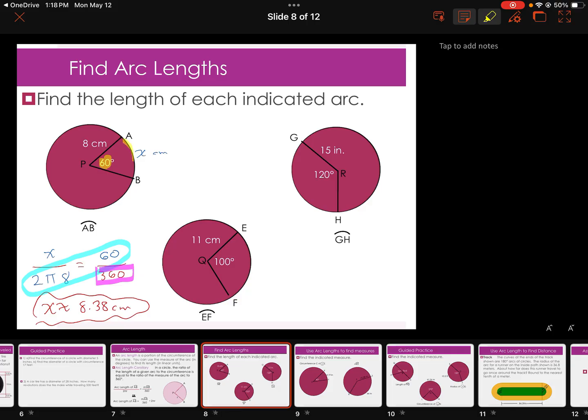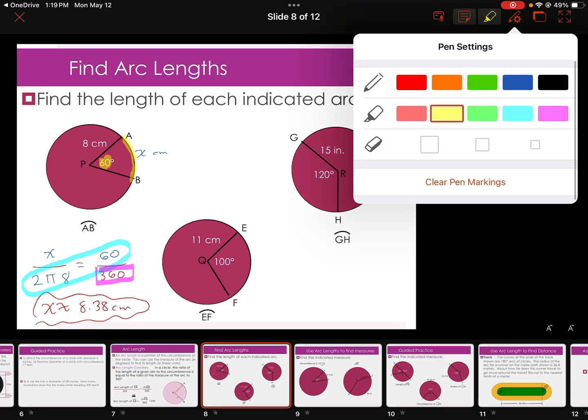What that means is this arc length is a sixth of the circle's circumference. So the circle's circumference is 16 pi. That's 2 times pi times 8. Take 16 pi divided by 6. Don't you get the same answer? Okay, that's a little different way to do it.